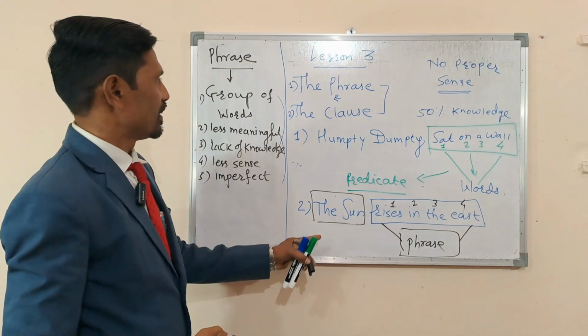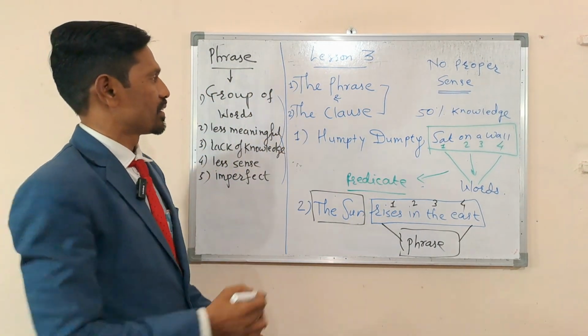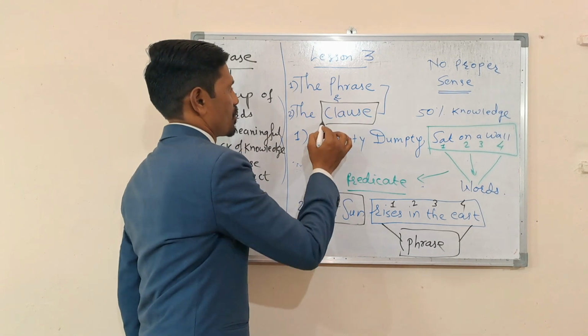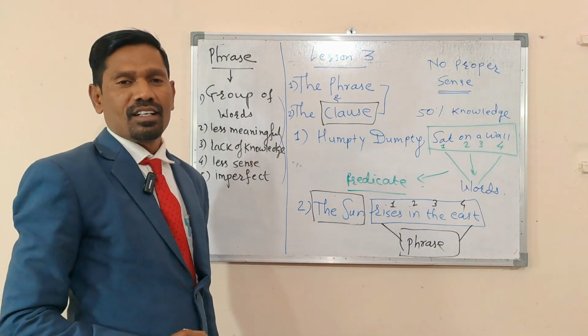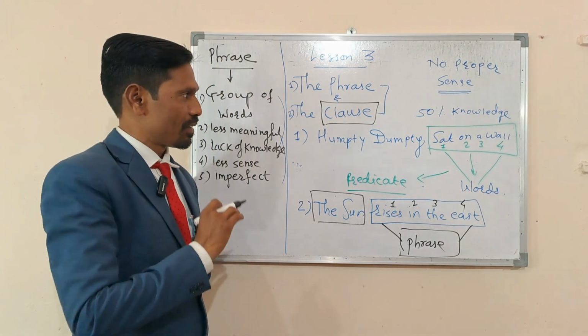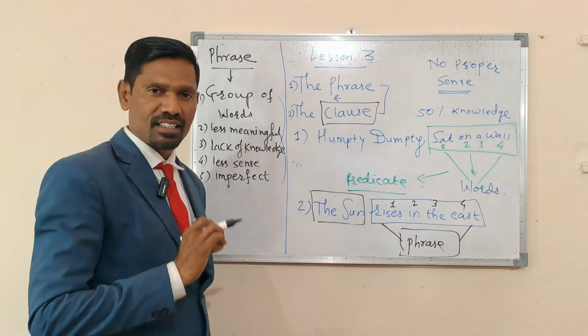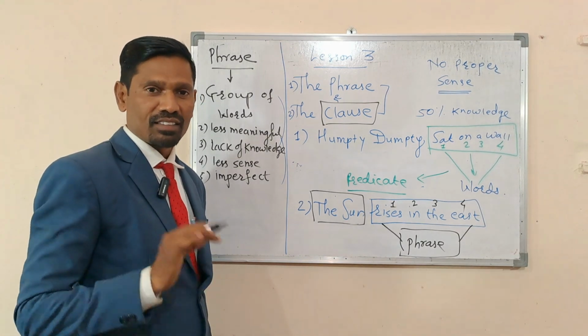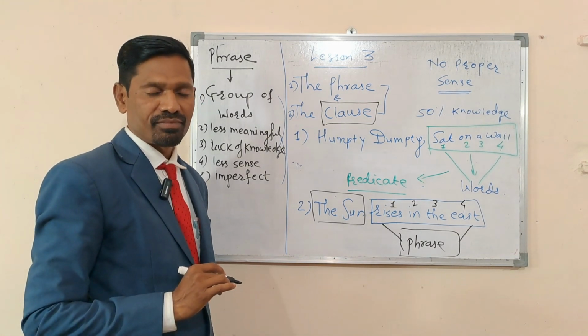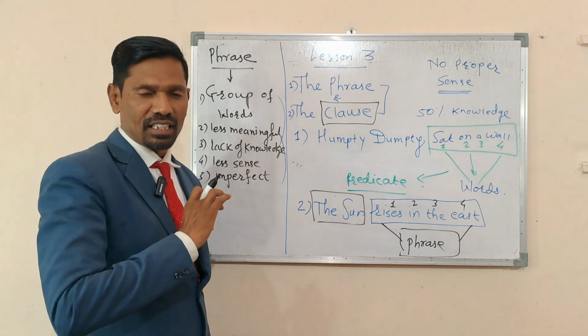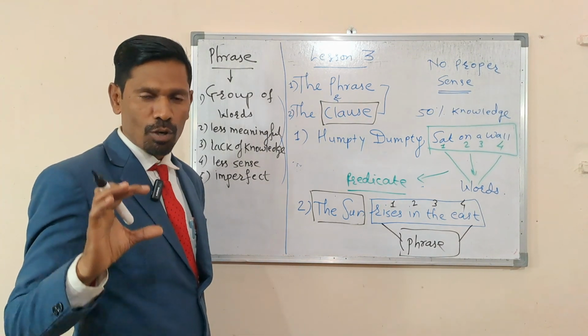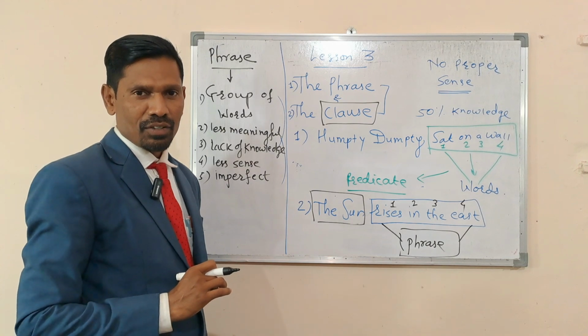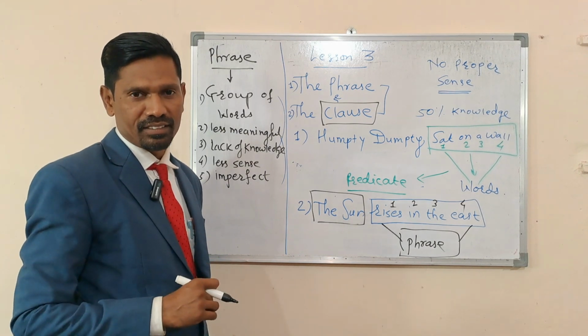We are going to see the second topic, that's a clause. All of you understood the first topic, that is the phrase. The phrase means what? The combination of words which doesn't give the proper meaning.